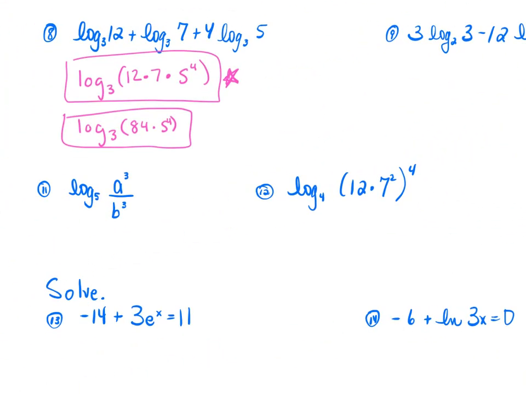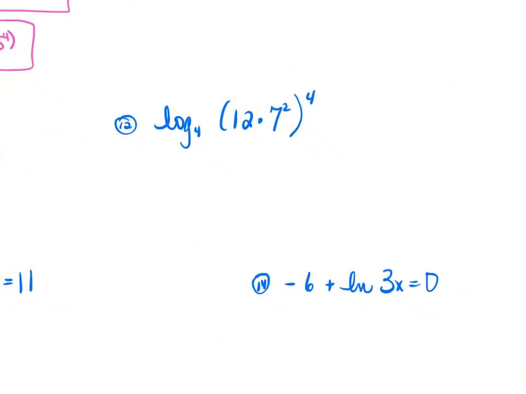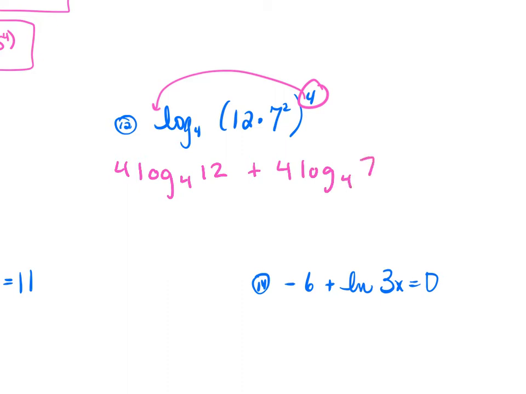All right, number 12. What do we do here? You're expanding it. Yep, and we're adding. So first, I would move this to the front so we have 4 log base 4 of 12. Then we add 4 log base 4 of 7 squared.